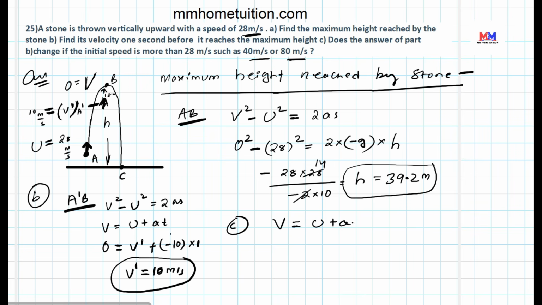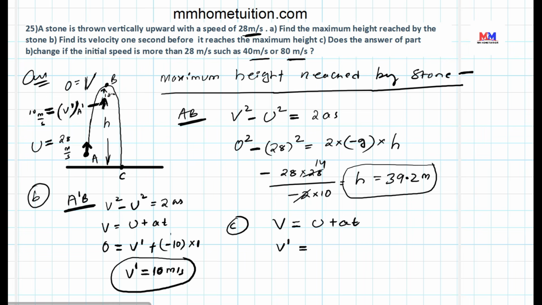So we have to find the speed at this position if the initial projection is more than 28 meters per second. Does it affect the value of V dash?